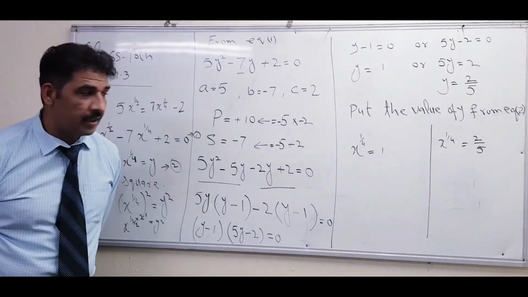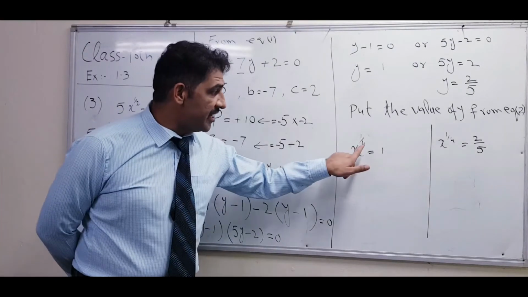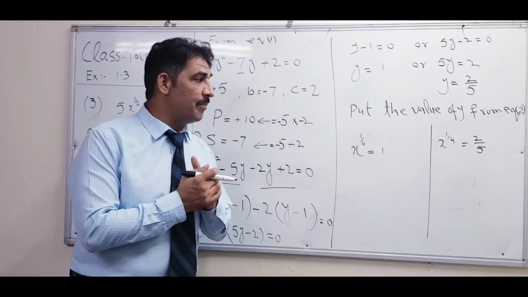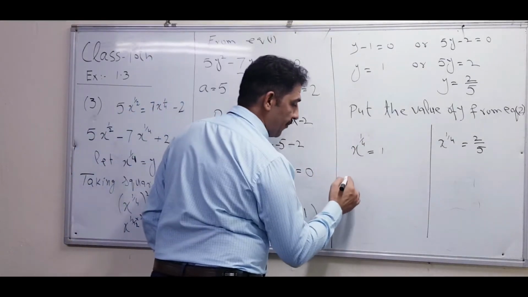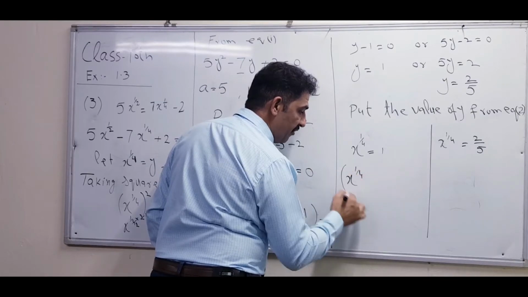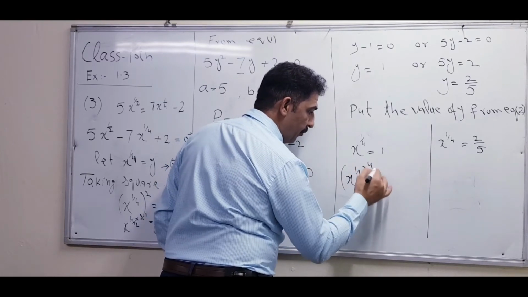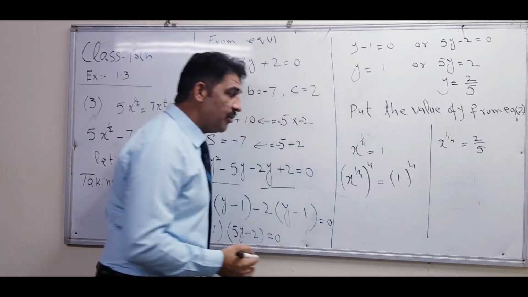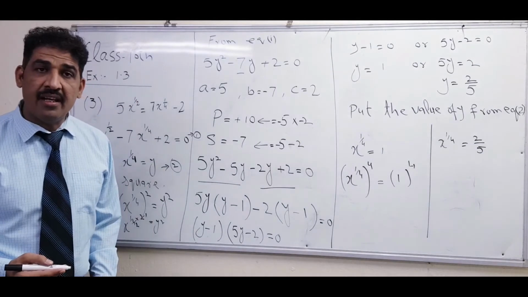How? Good. What is in the denominator? 4. So we take its power 4 on both sides to cancel this 4. Like x exponent 1 over 4, here we will take its exponent 4 and here also 1 exponent 4. As we know that power से क्या हो जाती है?